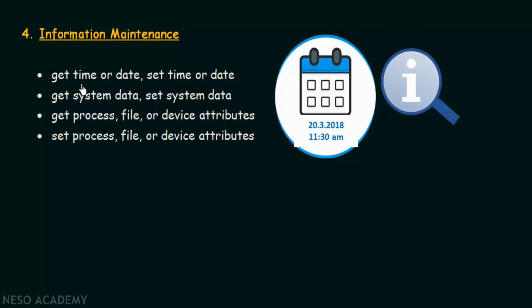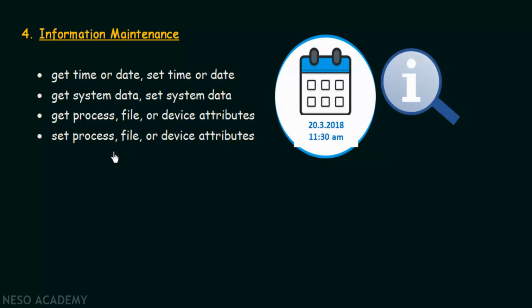This means that we get the time or date and then we set the time or the date. Then we have get system data and set system data. Similarly, like the time and date, we can get and set the system data. Then we have get process, file or device attributes, so we can get the attributes of the processes, files or the devices.